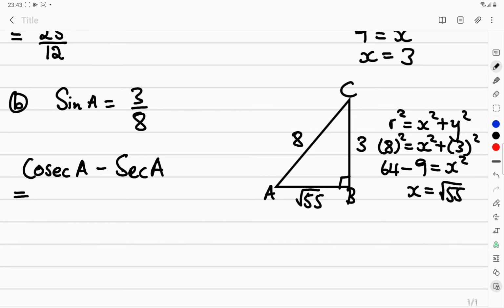Sine is 3 over 8, so cosec should be 8 over 3, vice versa. Minus sec, which is the reciprocal of cos. Cos is adjacent over hypotenuse, so sec should be hypotenuse over adjacent.